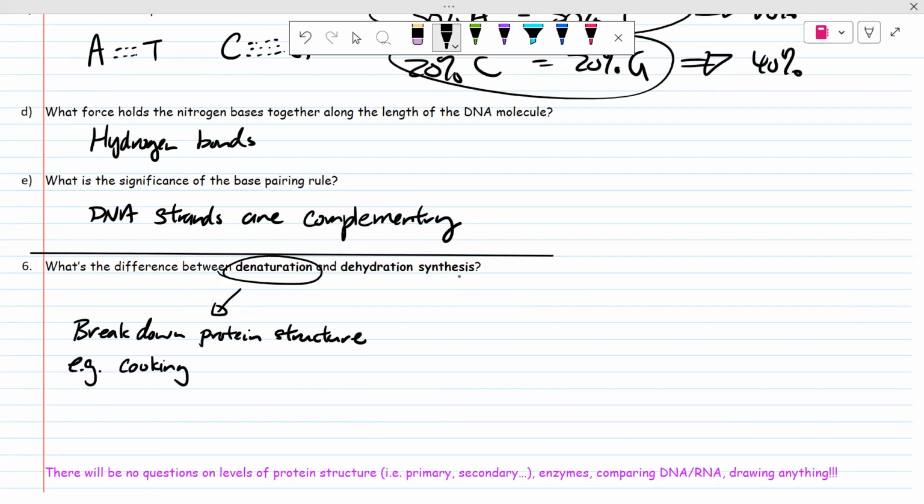An example would be cooking an egg. The egg white goes from transparent to white. That's denaturation.